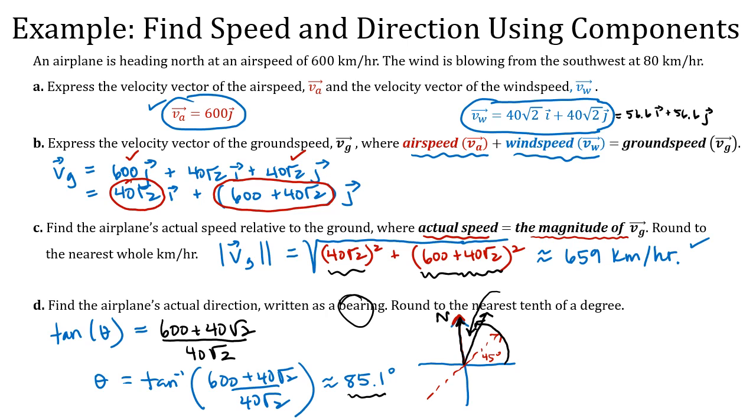So I'm going to say that the new direction of this plane is that it's headed north. It's being thrown off course toward the east, right? Here is the east. And that bearing is whatever 90 degrees minus the 85.1 degrees that we found was. And if I use my calculator for that, I get 4.9 degrees. So that is the effect of the wind on this airspeed vector.